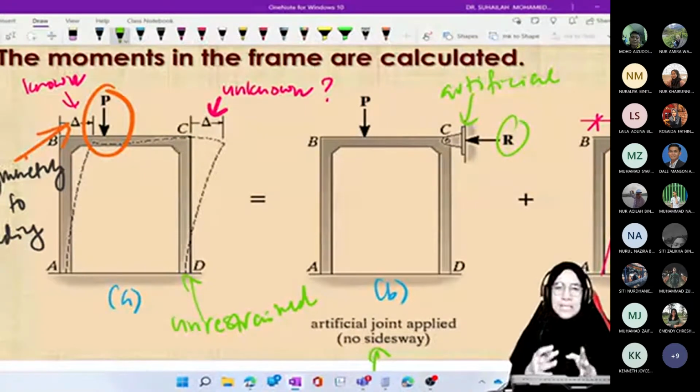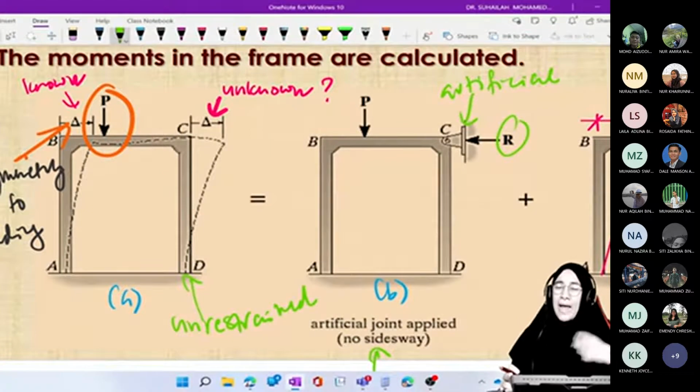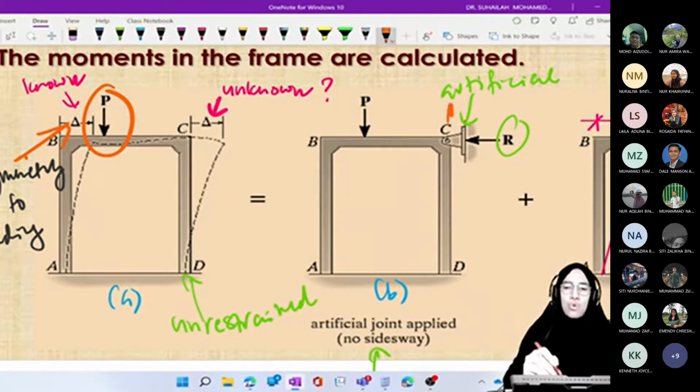When the frame tends to sway to the left, we have to put support at B so that it cannot move to the left. In this case, from A we know that the frame tends to sway to the right, so we put a wall here.